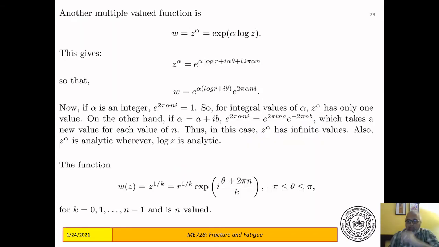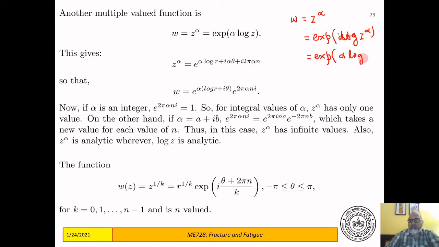And so another important multiple valued function is w equals z to the power alpha. Now we can write this as exponential of log of z to the power alpha, which is equal to exponential alpha log z.